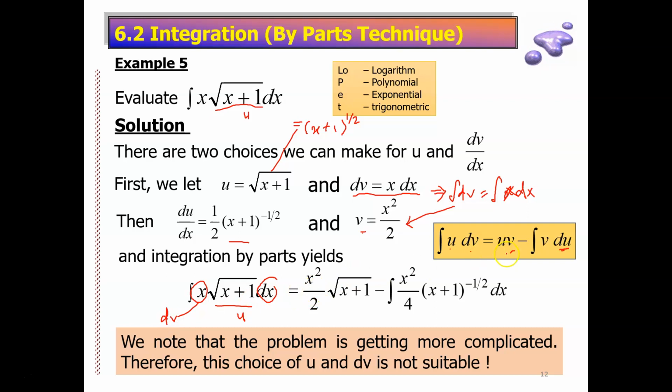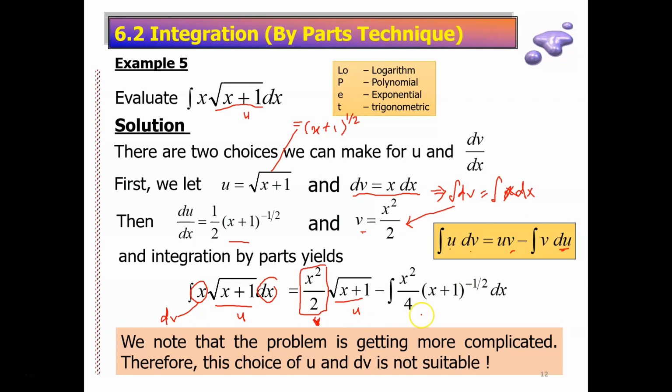So we follow the formula again: equal to uv. Again, this is u. What is your v over here? This one is your v.